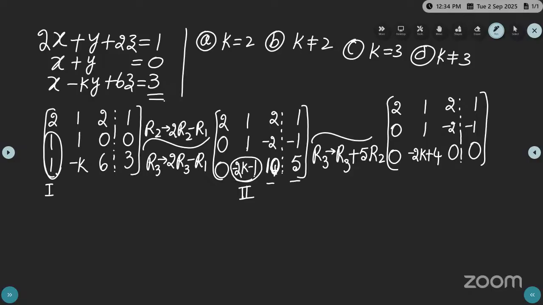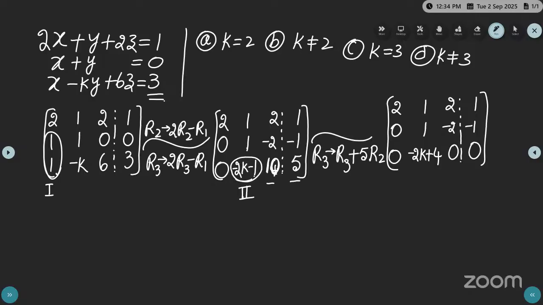We have been given that it is consistent. Among the options, what are given? k equal to 2. If you substitute k equal to 2, you get 0.